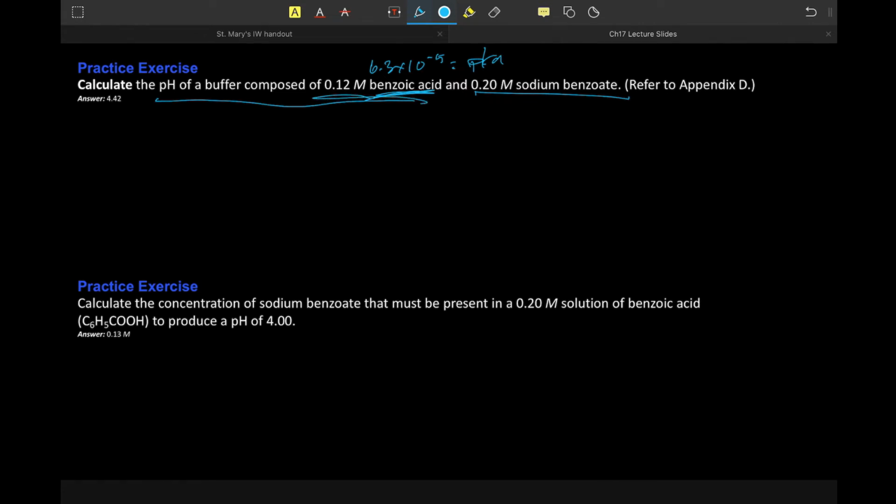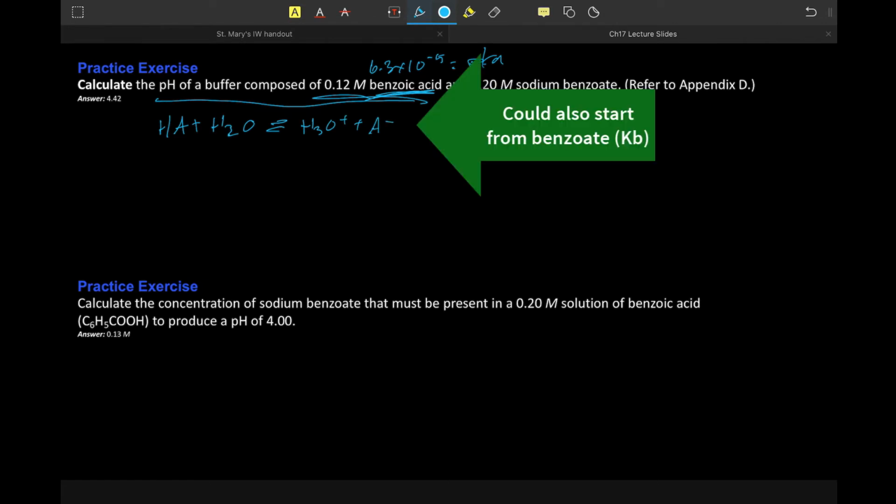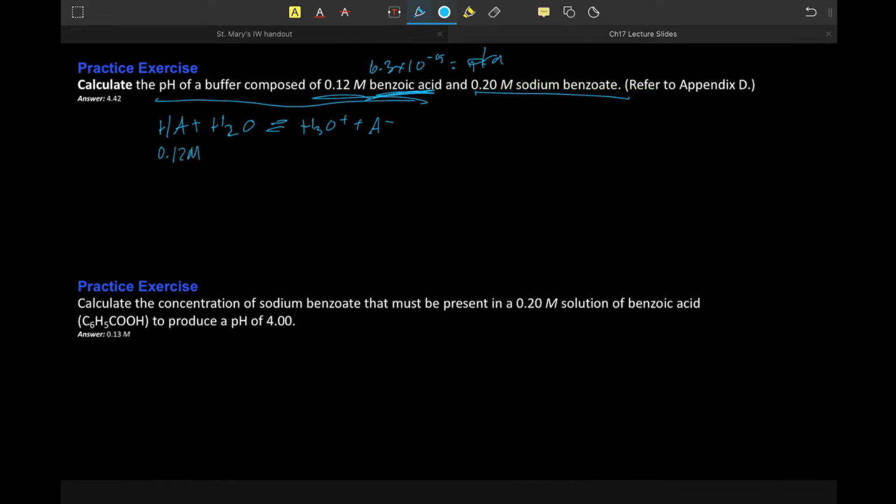So what I would prefer to do here is start with my benzoic acid, where HA plus H2O gives us H3O plus and A minus. Benzoic acid is our HA, and A minus is the benzoate. So 0.2 molar of that, and if I'm trying to find the pH, this is what I'm looking for.